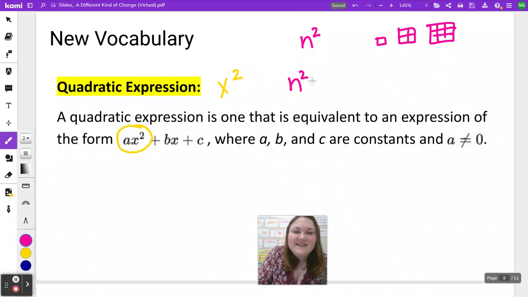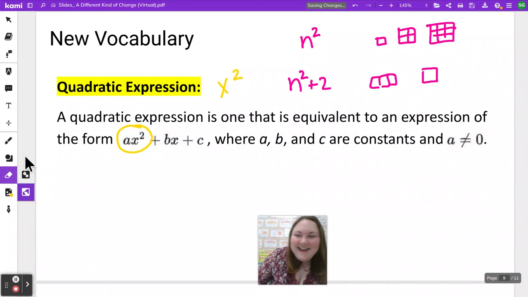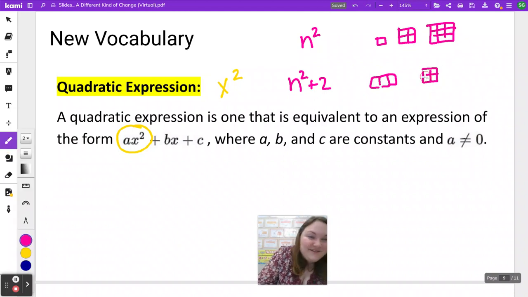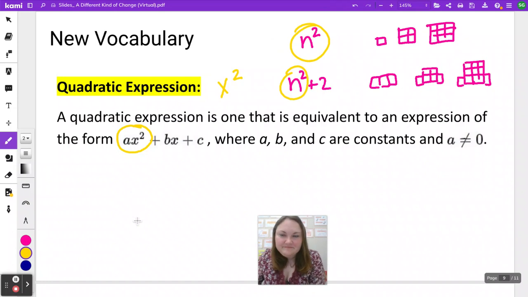And then this one we just did, n squared plus 2, where we had our 2 by 2 square with 1 on each side, and then we had a 3 by 3 square with 1 on each side. This pattern here of that expanding square plus 2 is also a quadratic. Both of these are quadratic because we have that variable squared in them.